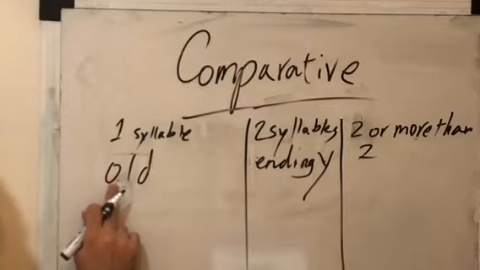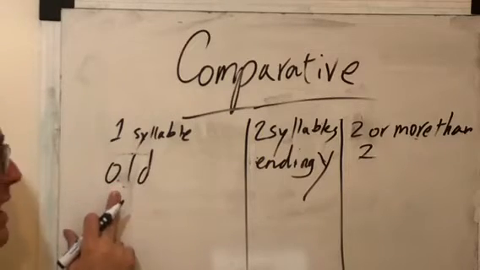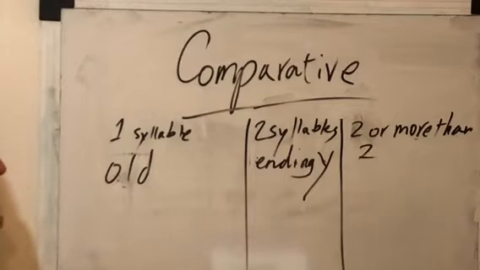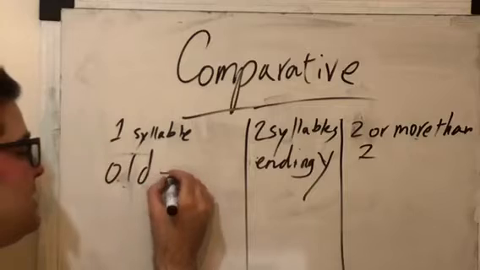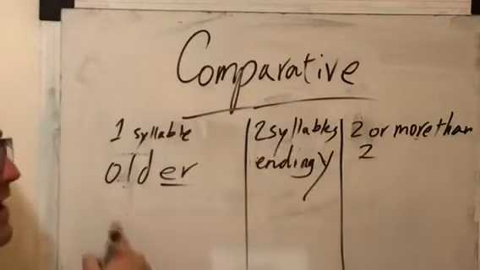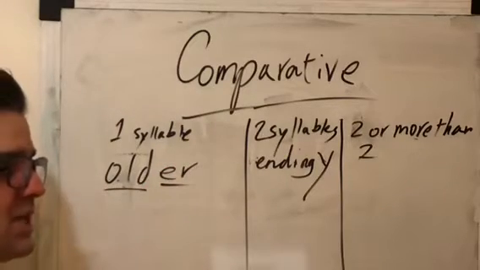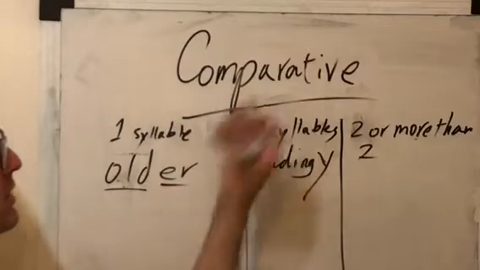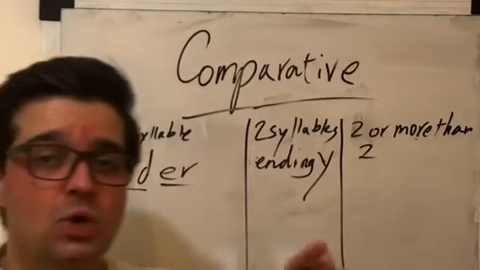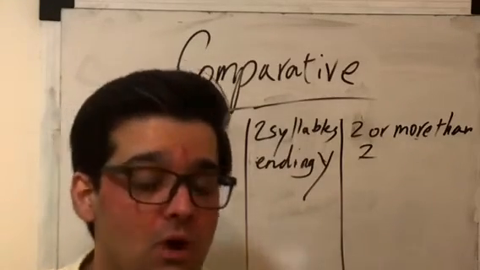We have just one vowel sound and one syllable. Just add er to make a comparative adjective. Old is an adjective. When you add er, it is a comparative adjective. You want to compare some things or compare people.